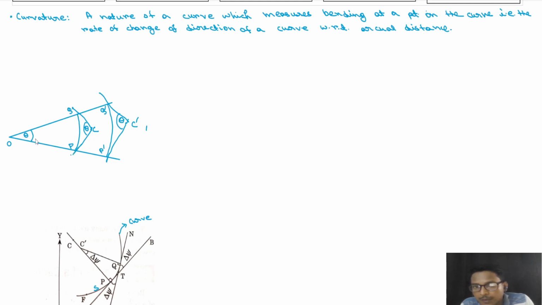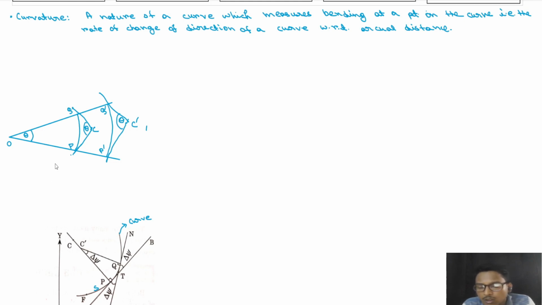So see, in PQ, to produce the same change of direction we have to cover less distance, while in P dash Q dash we have to cover more distance. That means the rate of change is more in case of PQ. So the curvature, which is a measure of bending, should be more for the curve PQ than P dash Q dash.